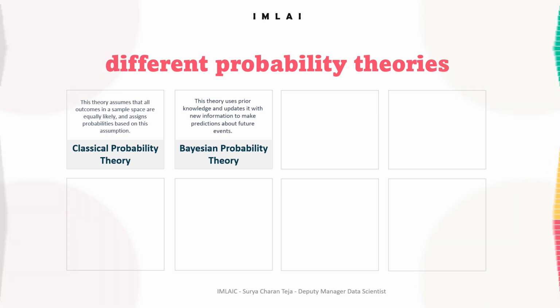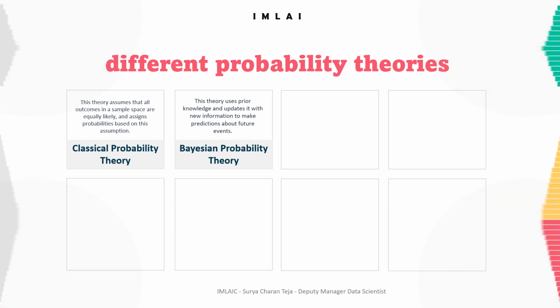These are all called Bayesian probability theory. Bayesian probability theory is nothing but a theory that uses prior knowledge and updates it with new information to make predictions about future events.